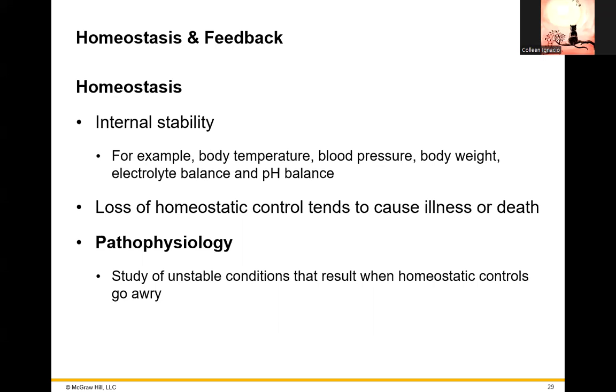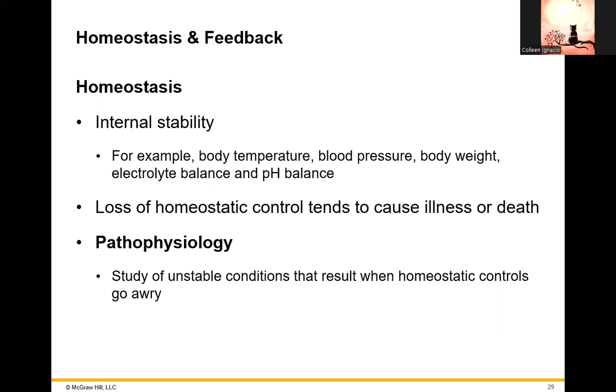That could be your congestive heart failure patient that has swollen ankles. They have edema, or swelling of the ankles, okay? So if your patient is not able to maintain homeostatic control, that will in fact lead to their death, okay? If it's not able to be reestablished, it can cause illness, but ultimately it can cause death.